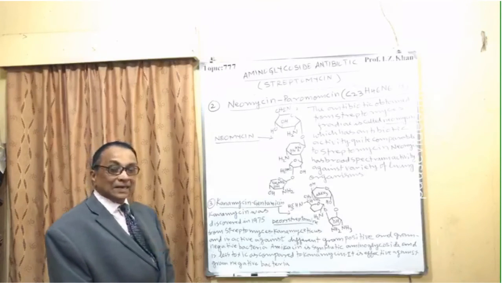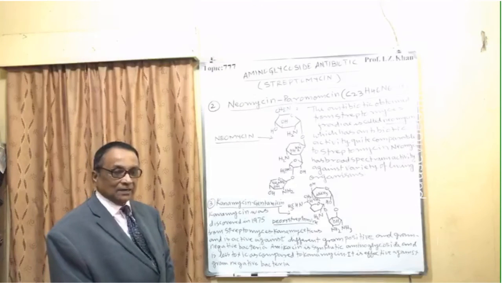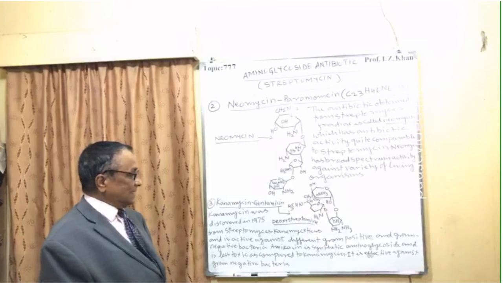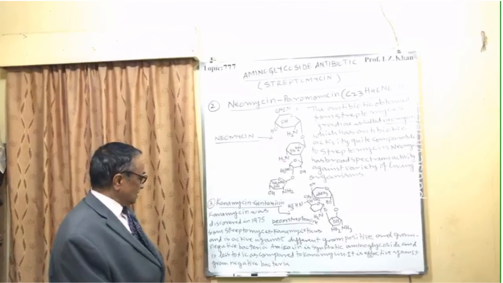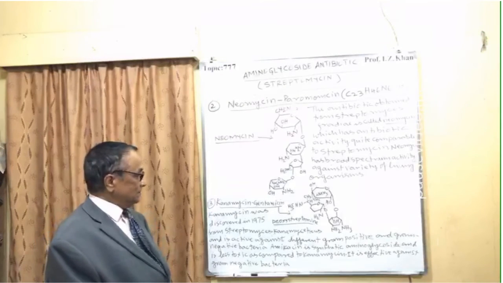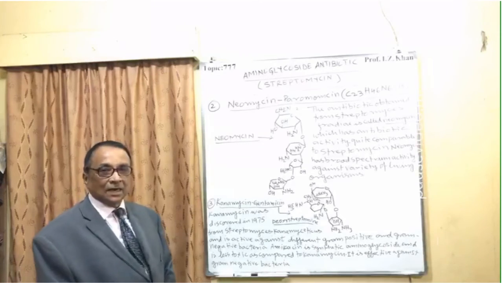Amikacin is the synthetic one. Amikacin is a synthetic aminoglycoside antibiotic and is less toxic as compared to kanamycin, and it is effective against gram-negative bacteria.